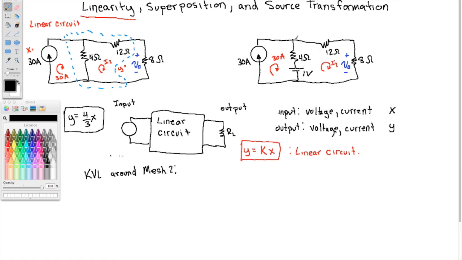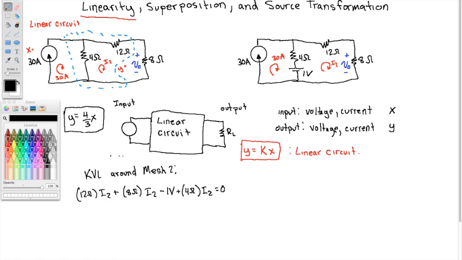Starting at the top left, I've got the 12 ohms times I2 plus 8 ohms times I2. That puts me down here, and then I have a jump of 1 volt, so minus 1 volt, and then plus 4 ohms times I2 equals 0.